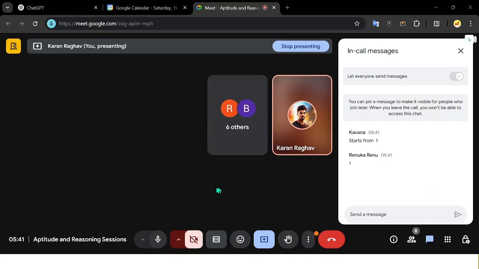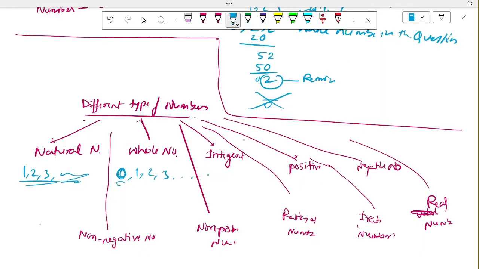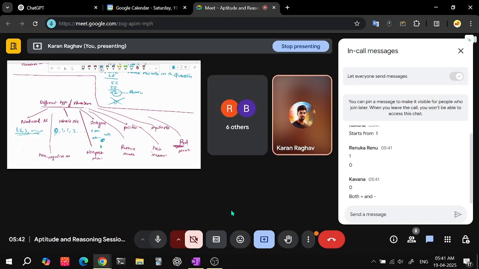Okay. And what are integers? Both positive numbers and negative numbers, with 0. So, can you tell me whose count is more, integers or whole numbers?